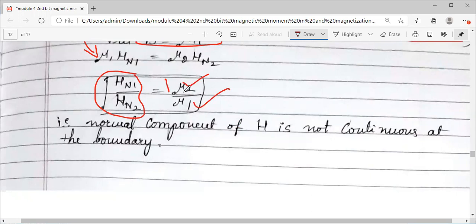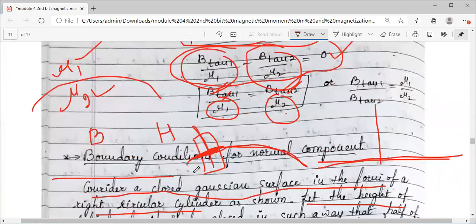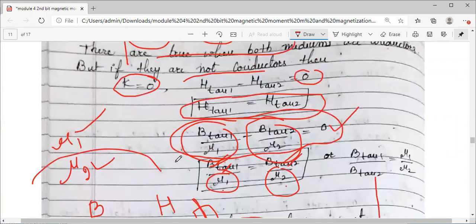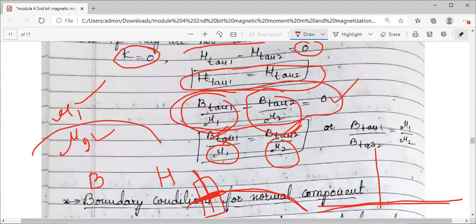बट अगर आप दो अलग अलग मटेरियल्स के थ्रू फील्ड जा रहा है, तो फ्लक्स डेंसिटी का नॉर्मल कंपोनेंट जो है, इट इज नॉट कंटिन्यूअस. ये रिवर्स होगा. जो हमने टेंजेंशियल में देखा था, उसका कंप्लीटली रिवर्स यहाँ पे नॉर्मल कंपोनेंट में है. Let me recall that. When we talked about tangential component, B was discontinuous.